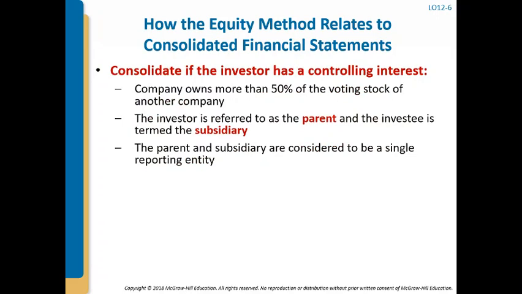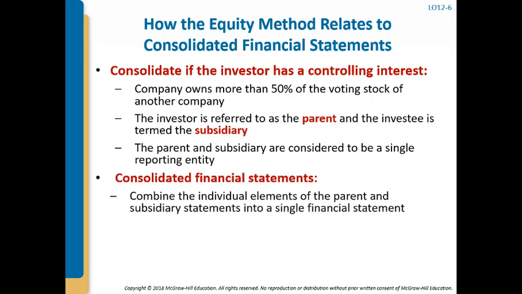If you have control, meaning usually you own more than 50%, then you have to consolidate. You are considered a parent. The investee is termed a subsidiary. And the parent and subsidiary are considered one single reporting entity. So in the consolidated financial statements, you combine the individual elements of the parent and sub into a single financial statement.